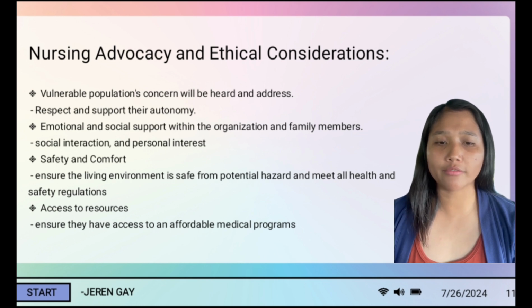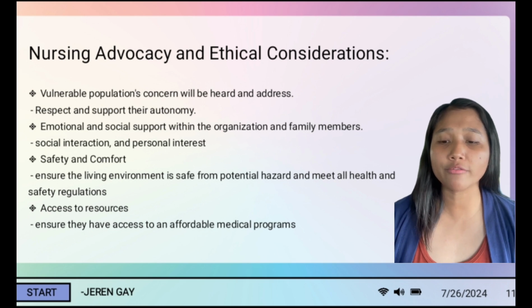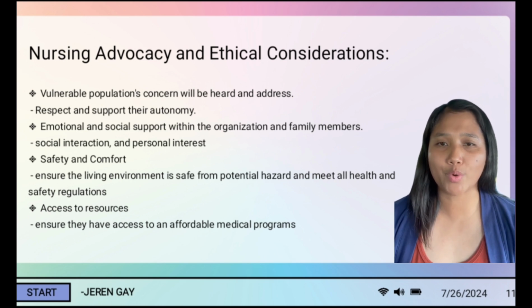Safety and comfort of the residents is one of the most important aspects that we have to consider. Their living environment must be safe from any potential hazard, and all the health and safety regulations must be followed at all times. We also advocate for them by keeping them well informed and letting them access resources to affordable medical programs.